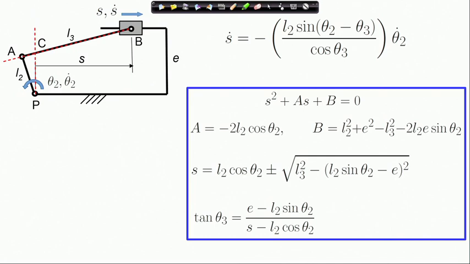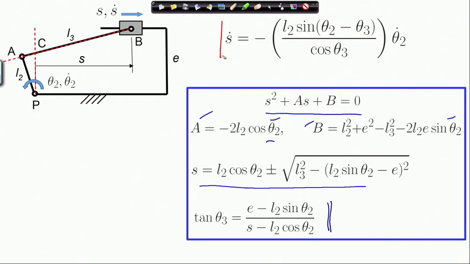So, given theta 2, let us say, if I am given theta 2, then through this displacement analysis we had found S. Here A, B, C, A, B are completely known because theta 2 is given. So, these are known. So, A, B are known, hence we could solve for S, and we could also solve for theta 3. So, therefore, in this relation of velocities I know everything.